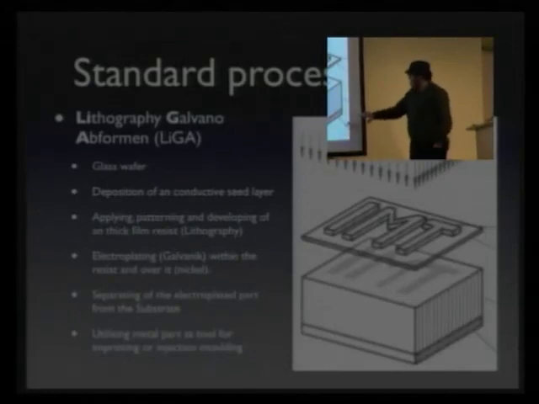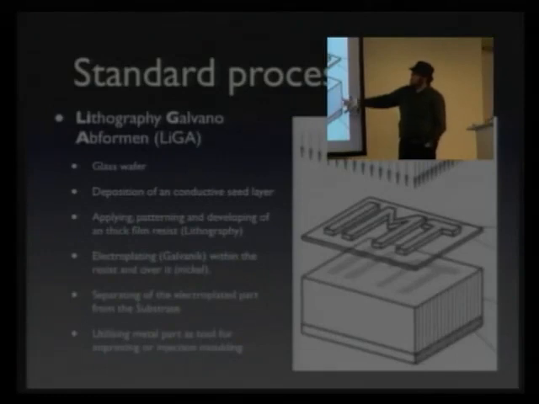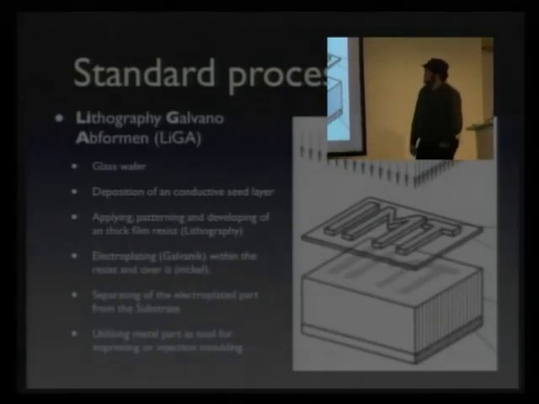Normally you have a carrier and resist on top of it, and it's a thick film resist. It depends on the method you're using. You can use PMMA, acrylic glass, or SU8, which is a really nice resist to handle.